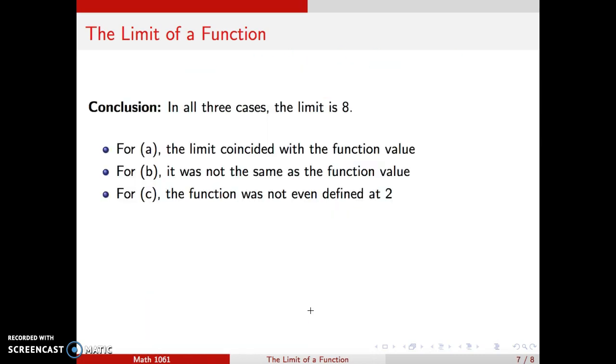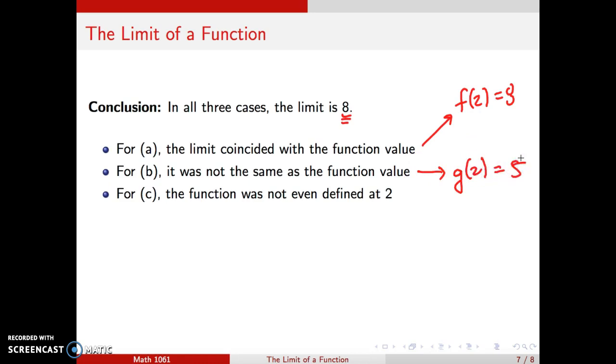So let's look at a summary here. In all 3 cases, we saw that the limit is 8. Now in the first case, the limit coincided with the function value. f of 2 equaled 8. In the second case, part B, it was not the same as the function value. The limit was 8, but g of 2 was 5.